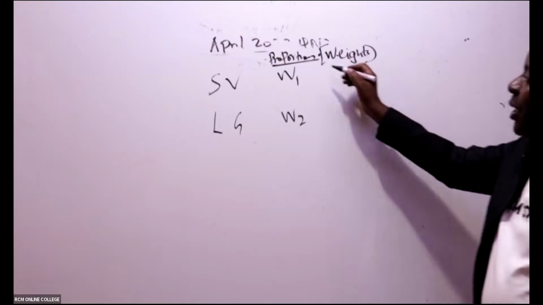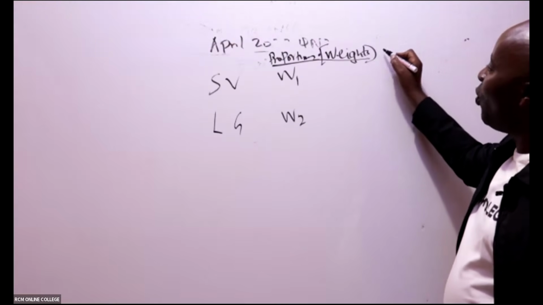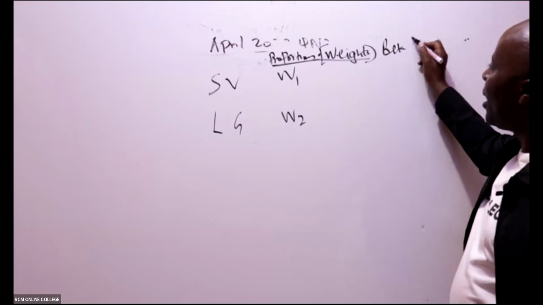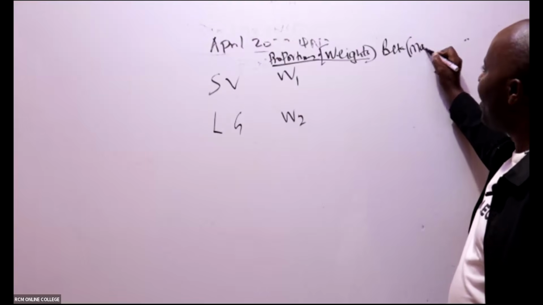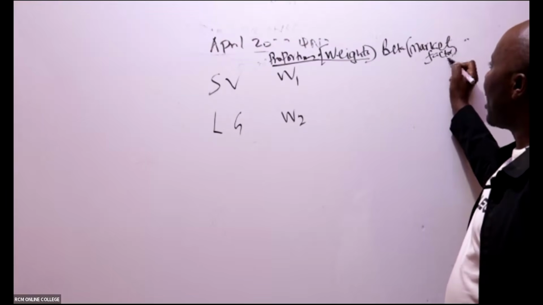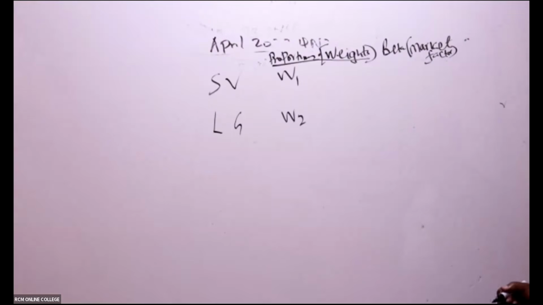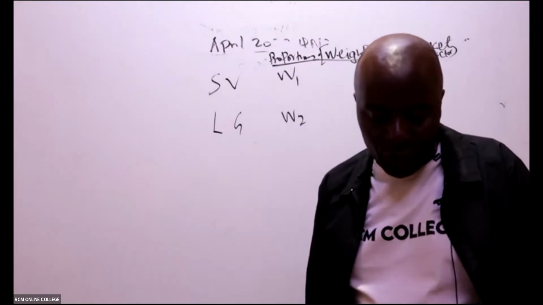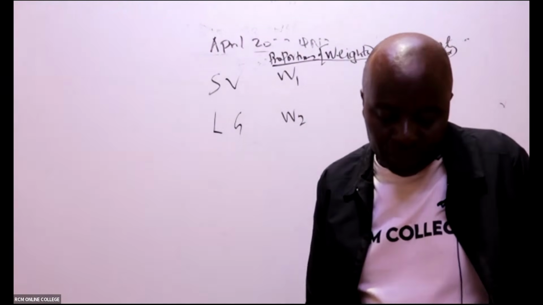So what I would want you to do is to give me the beta arising out of the market factor, the sensitivity factors. Is there somebody who is able to see the beta market factor for small value? Just talk to me.